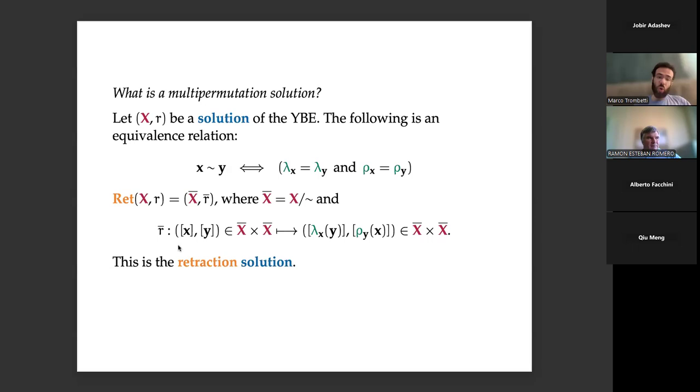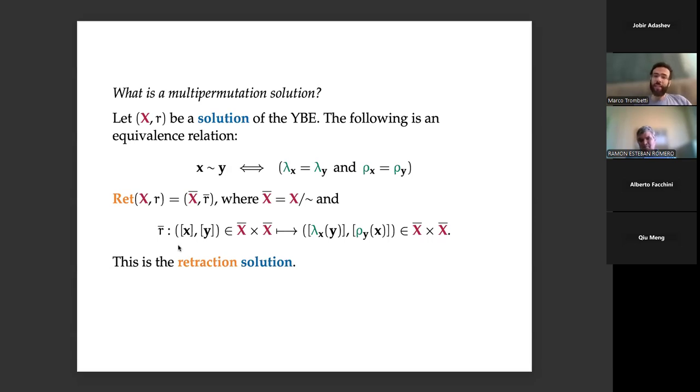And this is called the retraction solution because it obviously satisfies the Yang-Baxter equation. So far, so good. And this retraction will serve those of you who know the nilpotency concept in group theory or maybe in ring theory, they know that most of the nilpotency and solubility concepts are defined by iterating substructures or iterating quotients, for example.